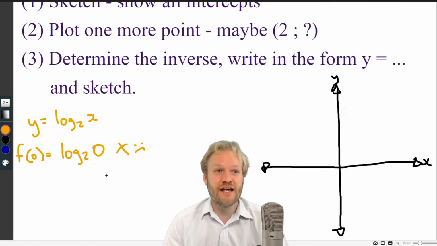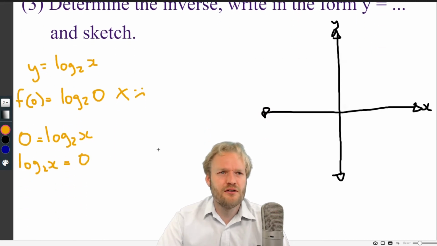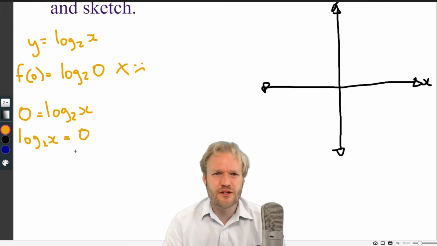What about the x-intercept? For the x-intercept, we know that y is 0, so we're going to go log base 2 of x. While we're getting into logs, let's write this way around: log base 2 of x equals 0. We should be comfortable and confident at this stage to convert this to an exponential to solve.